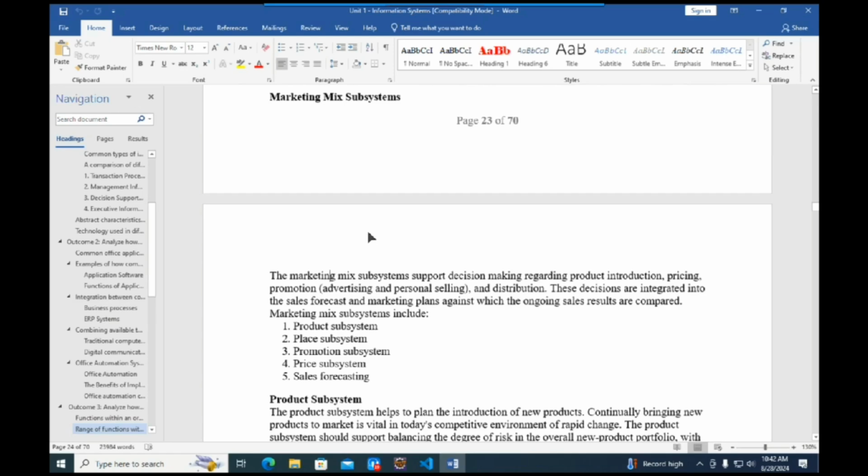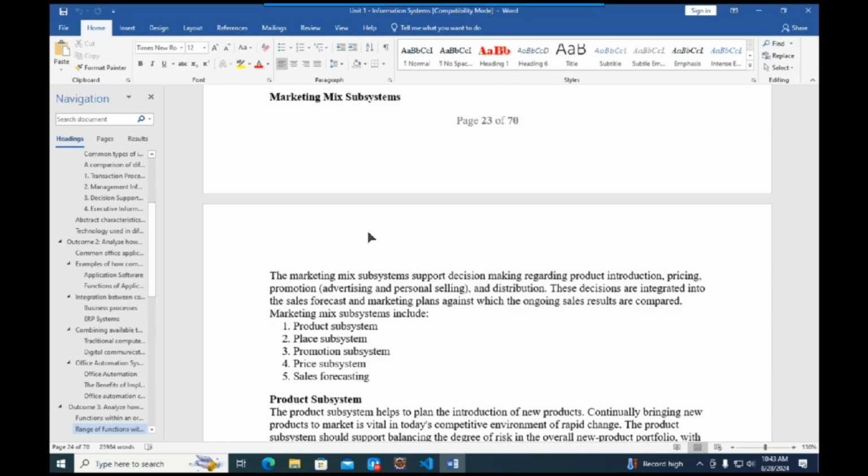It is also important to understand the marketing mix subsystems. These are the ones that support decision making regarding the introduction of products, the pricing of products and services, the promotion in terms of advertisement and personal selling, and also distribution.